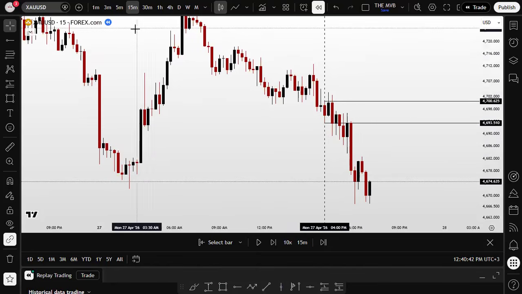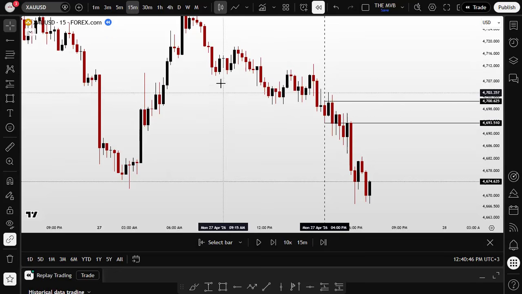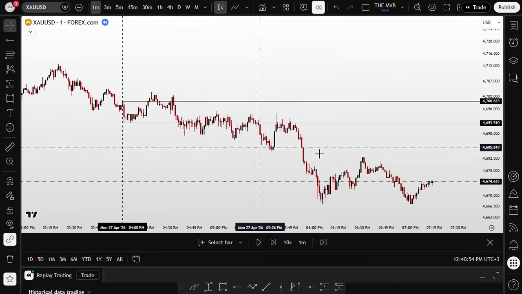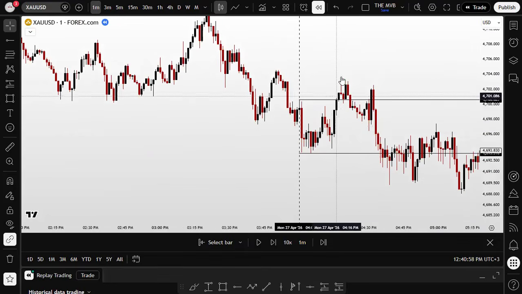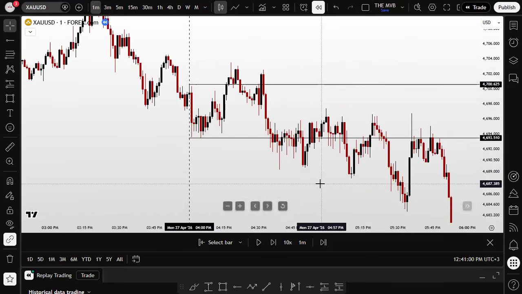Now after the candle closes, you drop to the lower time frame. In this case, I will be using mostly 1 minute because that's the time frame I use all the time. And we see whether the market closes above or closes below, and we take the trade.